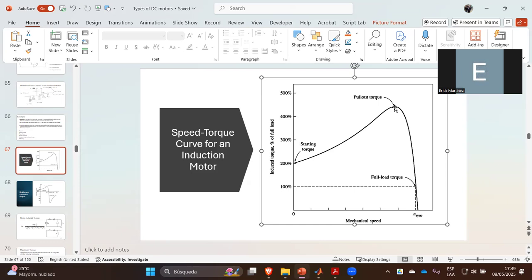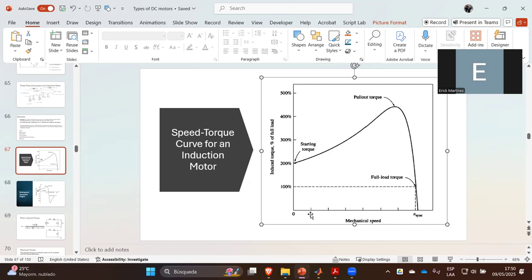So what else can we say about this? Another point is that you can see that we have placed here a label for the synchronous speed. When the mechanical speed is equal to the synchronous speed, we have zero torque.